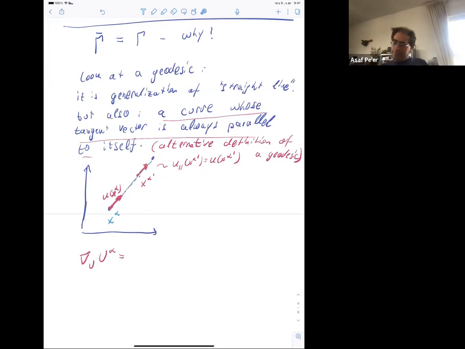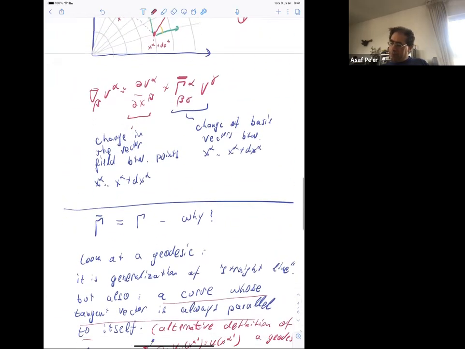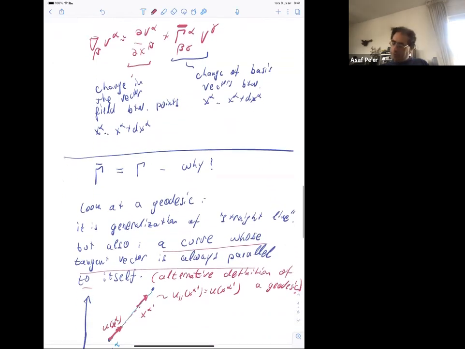We said that vectors are directional derivatives, right? So what is that? Well, we said the covariant derivative. We just wrote it here, right?